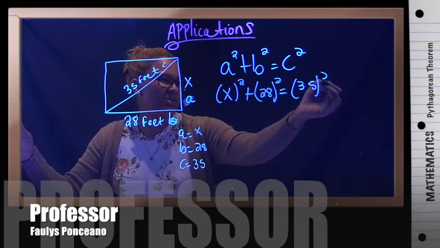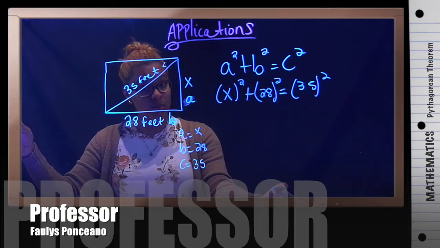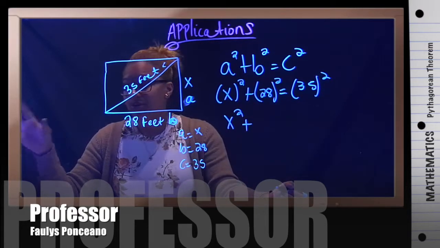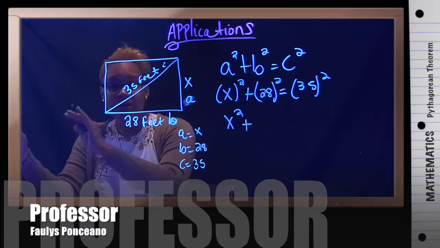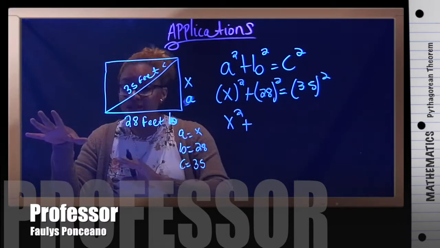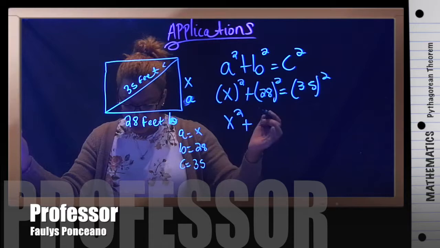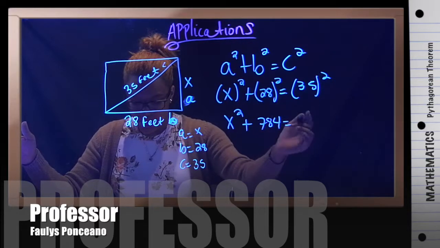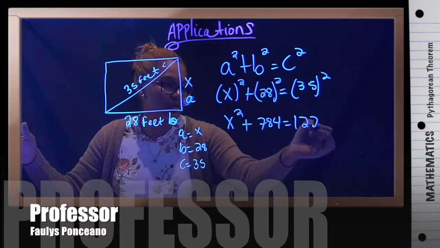Now this is going to give you a bit large numbers, but if you just go to the side and do the multiplication, taking your time, you'll be fine. It gives you 784. And this gives you 1,225.